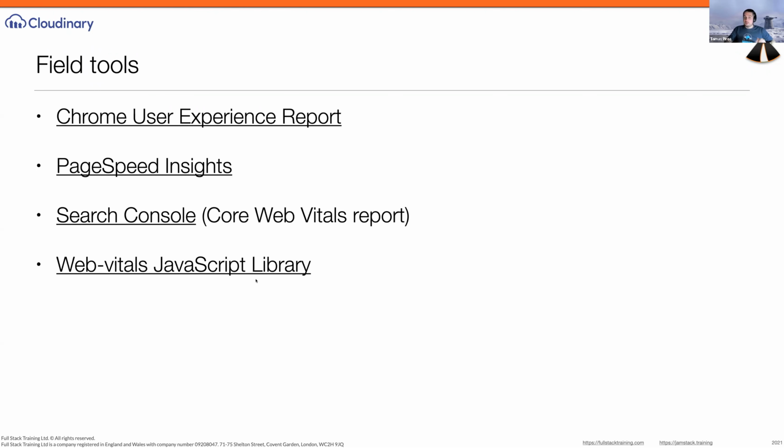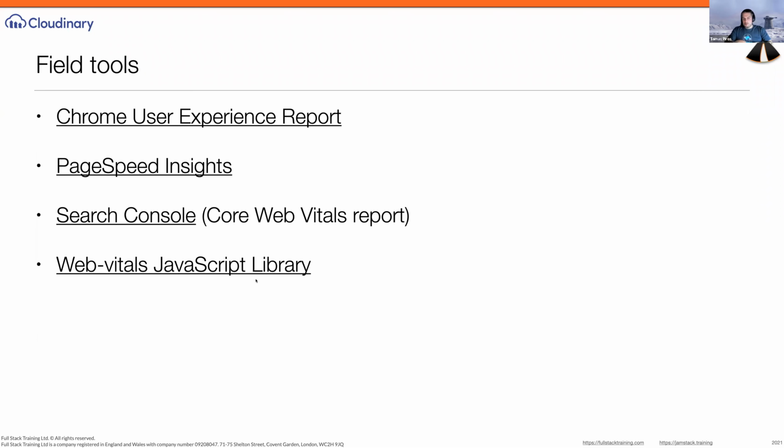Now we're going to talk about the Core Web Vitals in just a moment, but just know that if you're curious on how to record and measure those values that I'm going to show you, you can just refer to the Search Console, because that has a report on this. And there's also the Web Vitals JavaScript library.